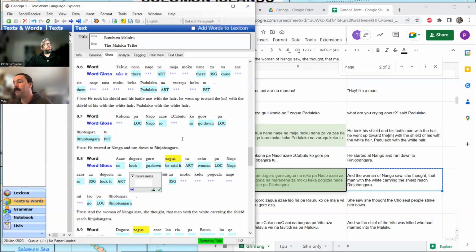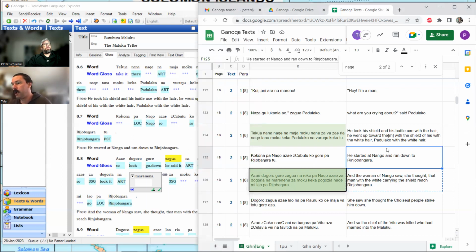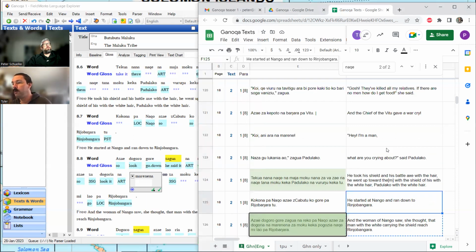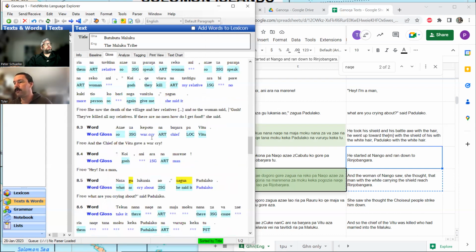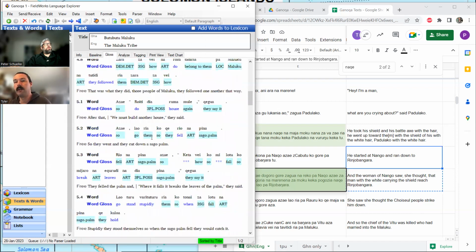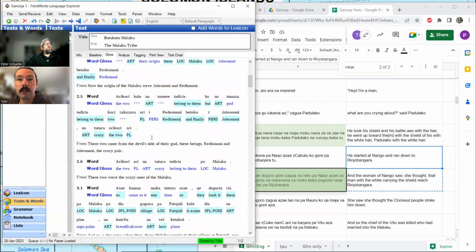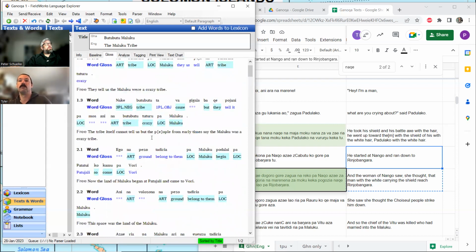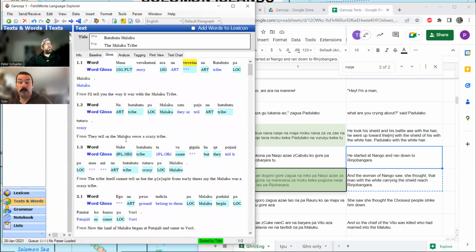But in the second sentence at the top of this one, they tell us the Maluku were a crazy tribe. Nambutubutu Tuturu. Tuturu is the crazy or mentally defective one, and it follows its noun. It's going to be 1, 2, so we can see it on screen. Yeah, let's do that. Butu Pamaluku Zata Ponjana Butu Tuturu.